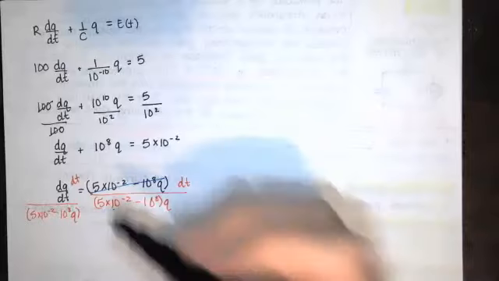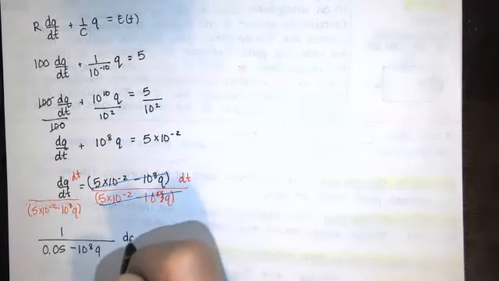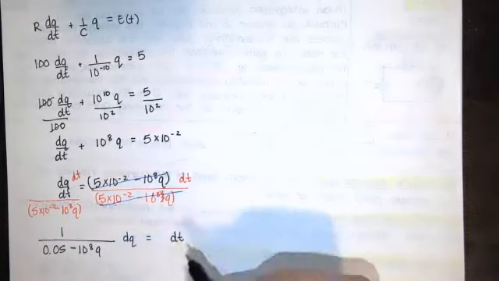And that actually should be in the parentheses there as well. Sorry about that. And what we get is this. We have 1 over 5 times 10 to the negative 2, or 0.05, minus 10 to the 8th times q, times dq equals dt.